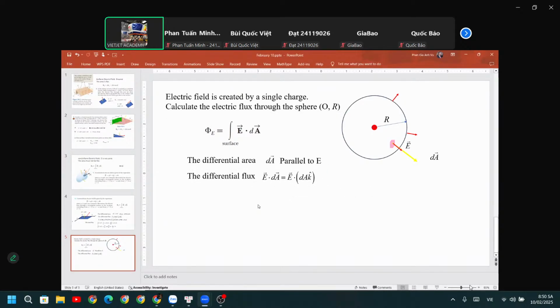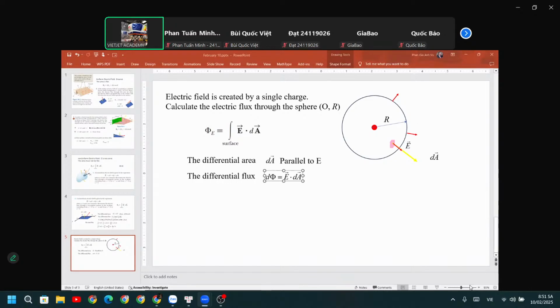Then I have the differential flux, E dA. So I can call it d phi. If we want to do, it is E dot dA, right? No K anymore. But it is equal to E dot dA.